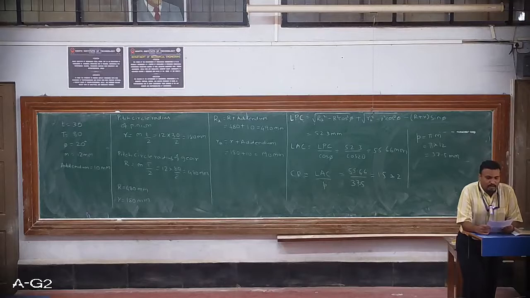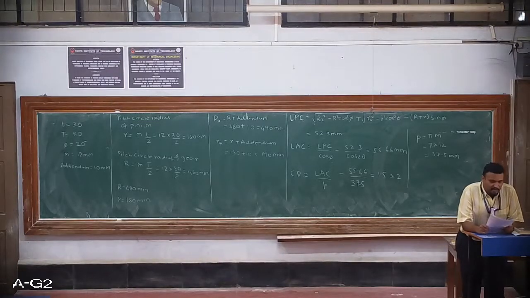So gear ratio, denoted as capital G, is equal to the number of teeth on the gear divided by the number of teeth on the pinion, that is capital T by small t, so that is 2. Module is given as 5 mm, and addendum is given as 5 mm. We have also been given the pitch line speed as 1.2 meters per second, so small v we take as 1.2 meters per second.